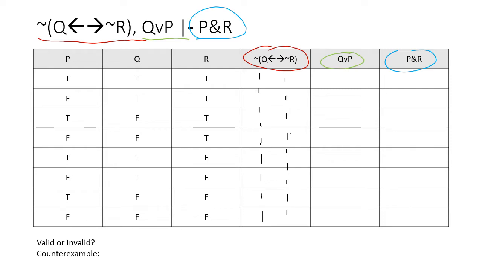So we're going to have to do the tilde R first, because the outside tilde, that one's obviously going to be the main operator. So which one comes next, the double arrow or the tilde? Because the tilde is only functioning over the R, we got to do the tilde first.